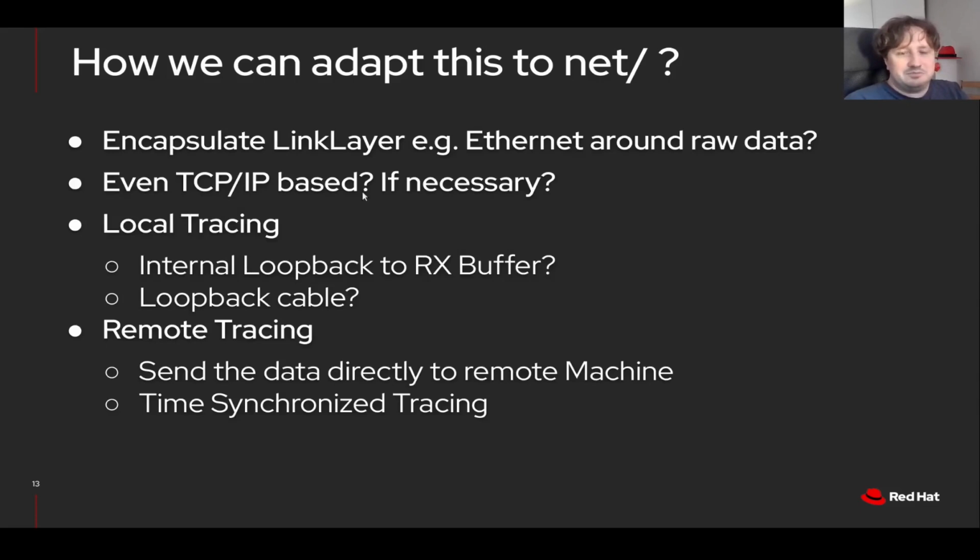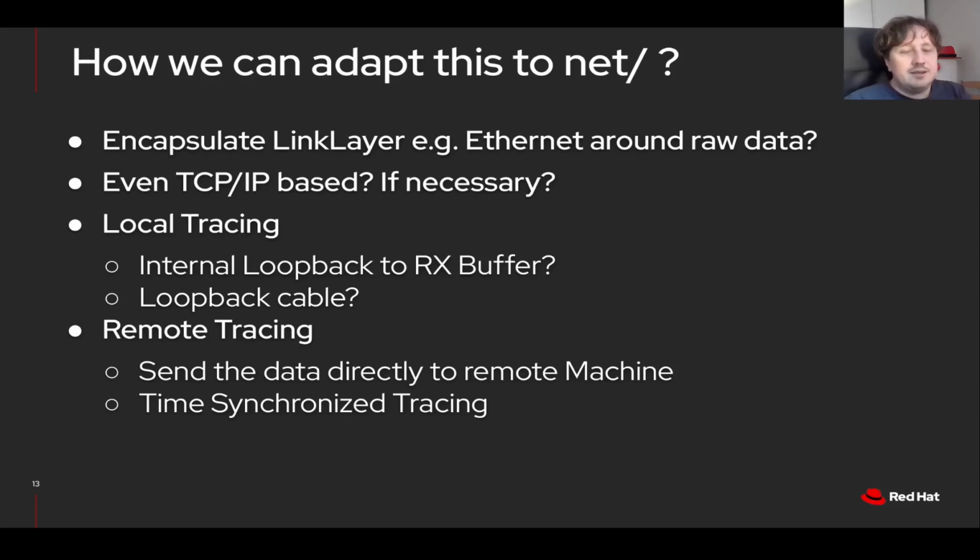So that is the first basic idea which I had. How to do that in more detail is maybe encapsulate the raw tracing data in some link layer, maybe Ethernet, something that's useful. If there is a use case with IP to route the tracing data, why also not do that?